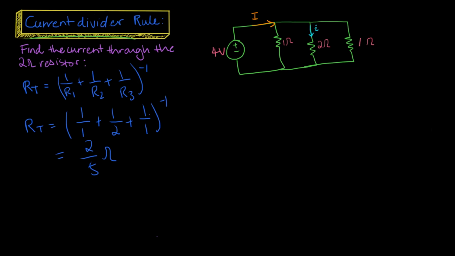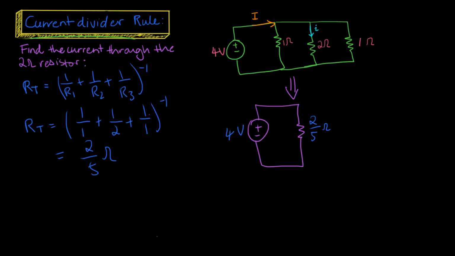Awesome. So now we have a circuit that is equivalent to this circuit here, where we have a plus minus with 1 resistor here. And this has a value of 2 on 5 ohms, and this is still 4 volts. Awesome.